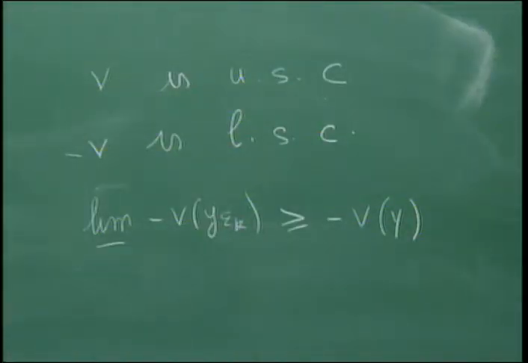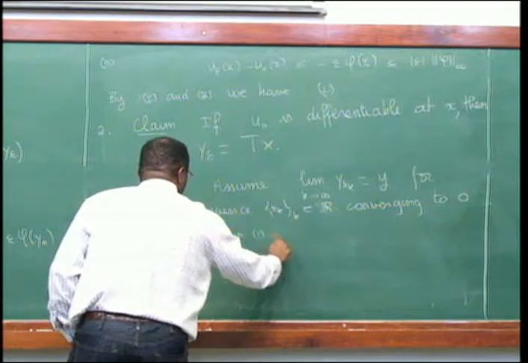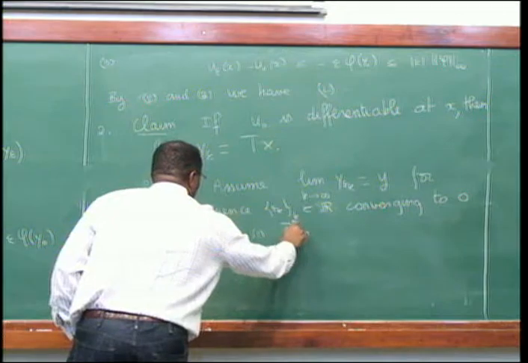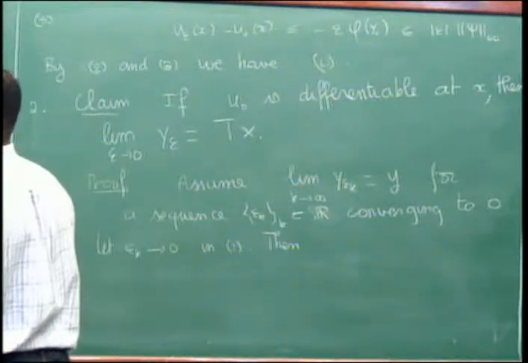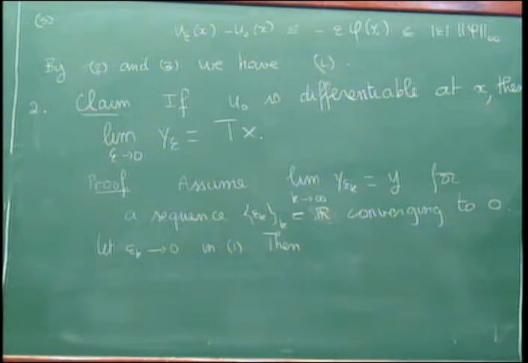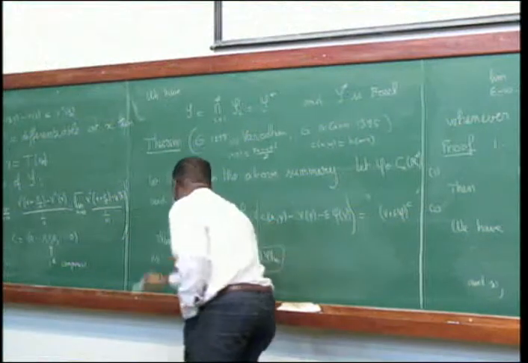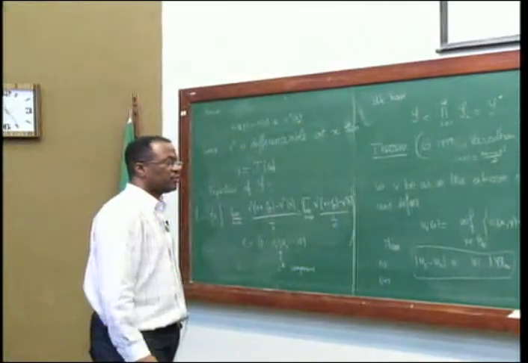Let epsilon k tend to 0 in 1. Then, by I, U epsilon converges to U naught.